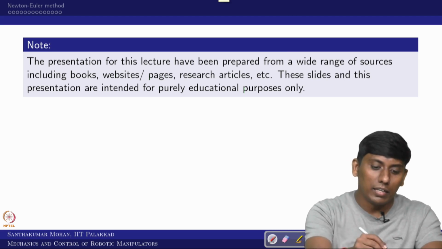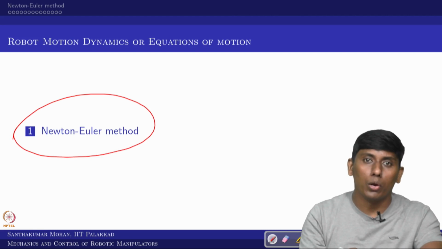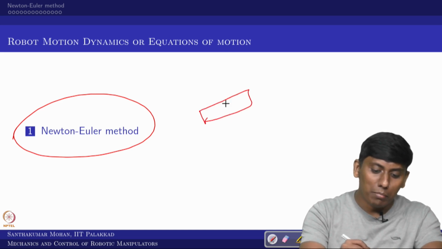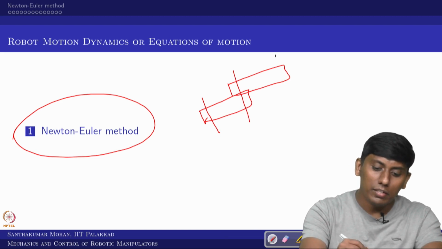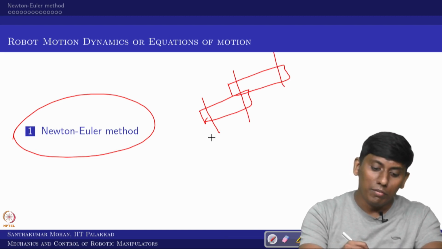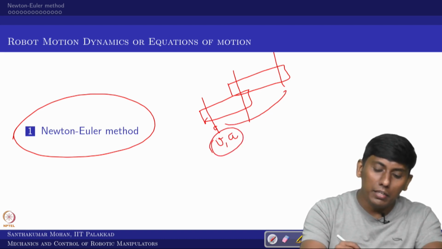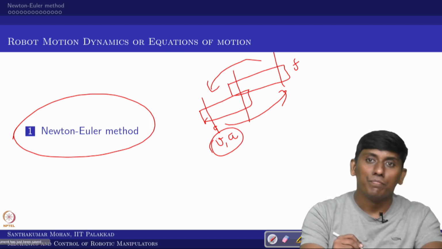So let us see how we are actually doing it. Straight away we are going to talk about the Newton Euler method. This method is slightly tricky. You have multiple bodies, so we will be talking about joints. We will go through velocity and acceleration from the base to the end, and then we will talk about the forces from the end to the base.